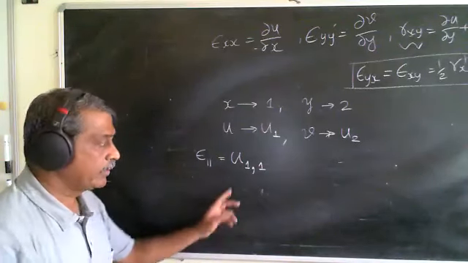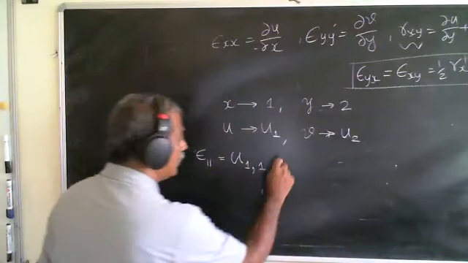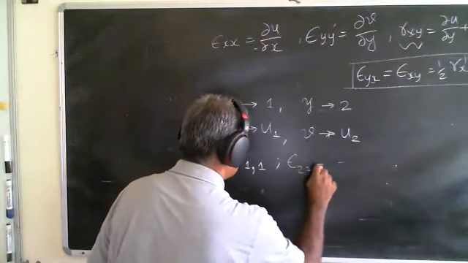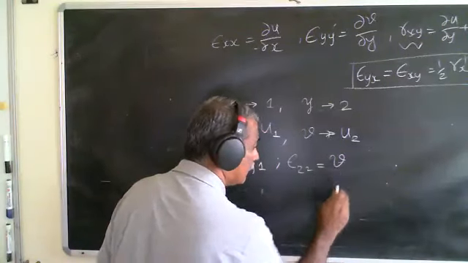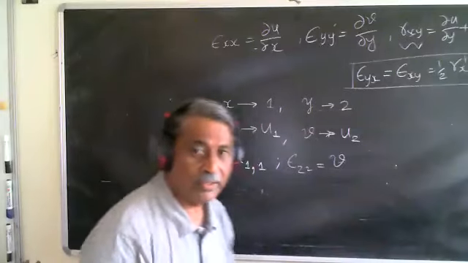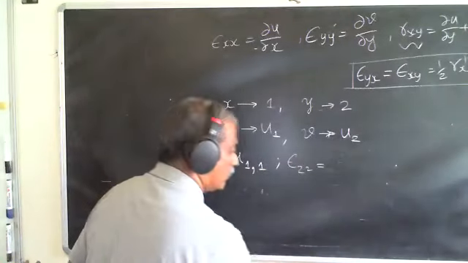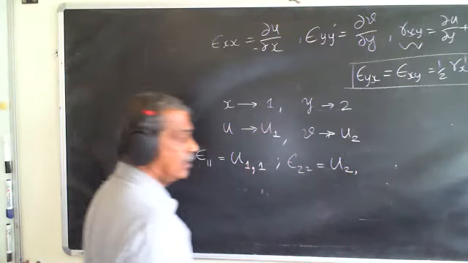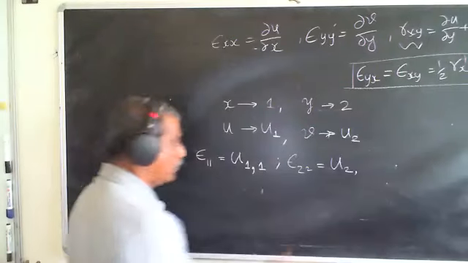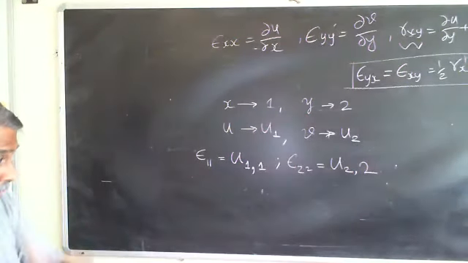It's a derivative with respect to x1, which is x here, right? Similarly, epsilon 2 is equal to u2, comma 2, right? Are you with me?